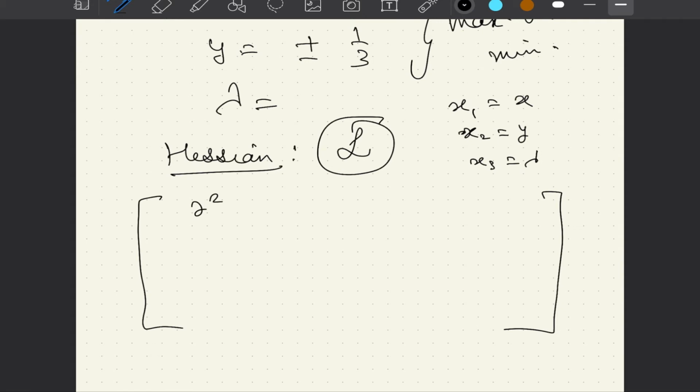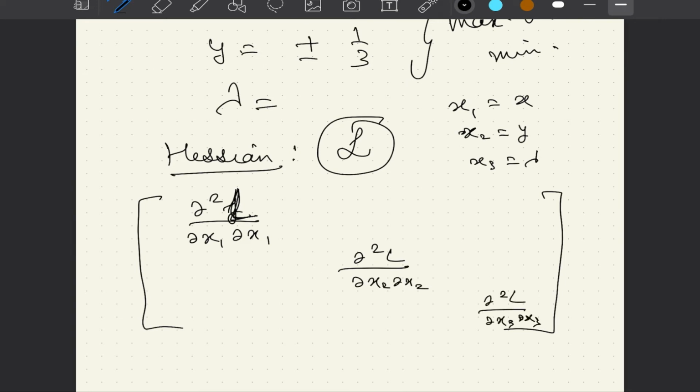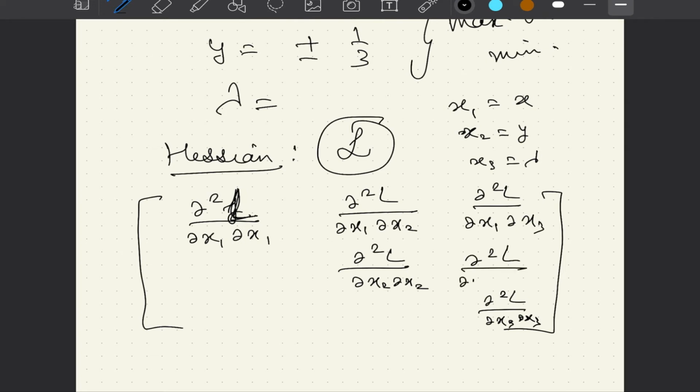And you know that you can easily write the Hessian in the form: del square lambda, del x1, del x1, del square lambda, del x2, del x2, del square lambda, del x3, del x3, and here we can write del square lambda, del x1, del x2, del square lambda, del x1, del x3, del square lambda, del x2, del x3, del square lambda, del x2, del x1, and so on.